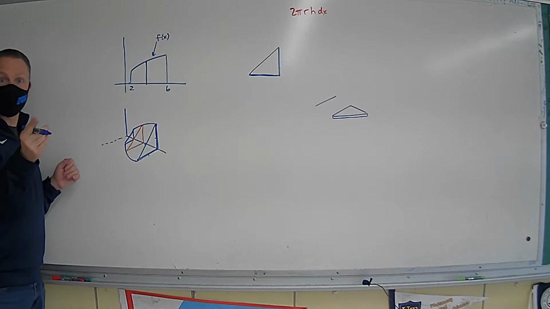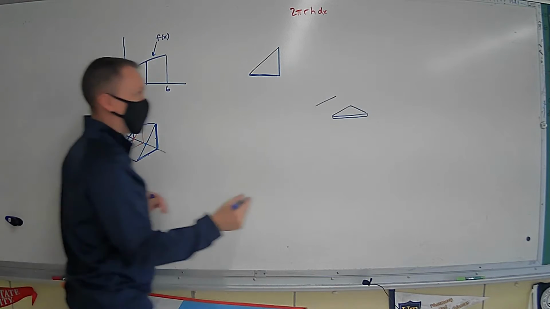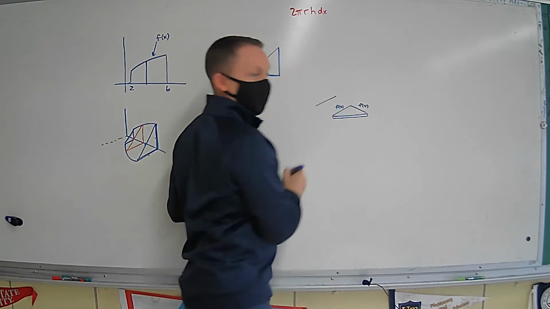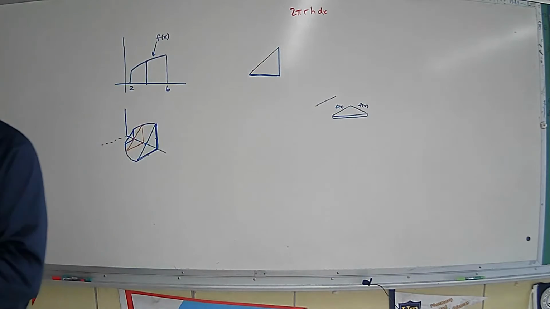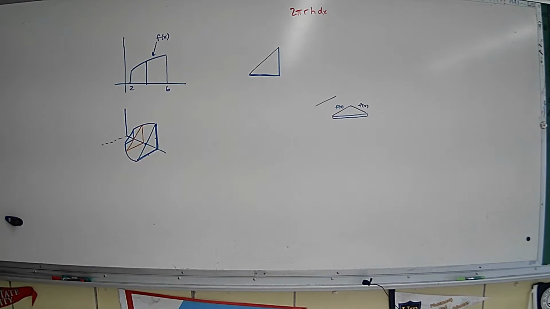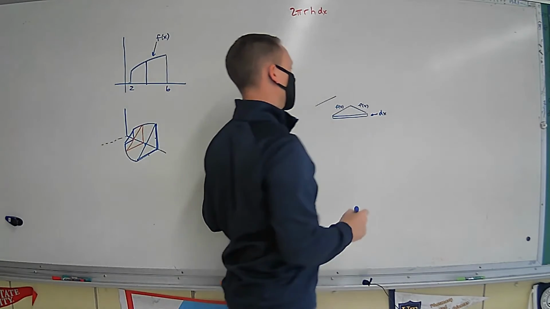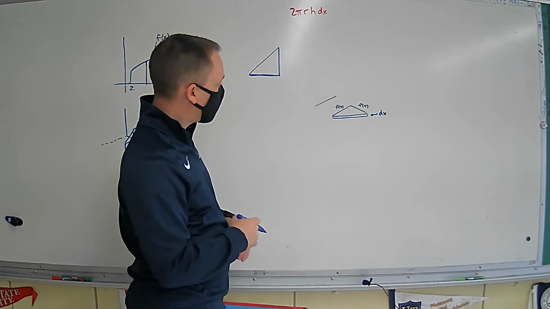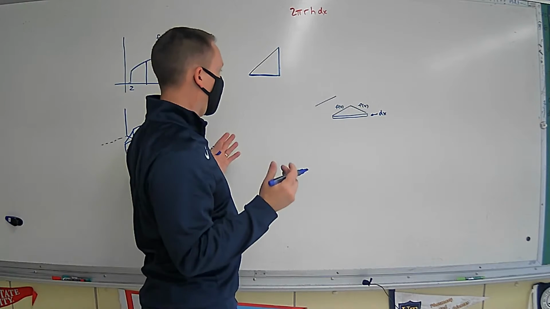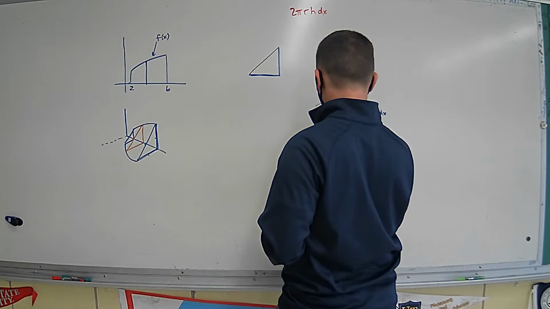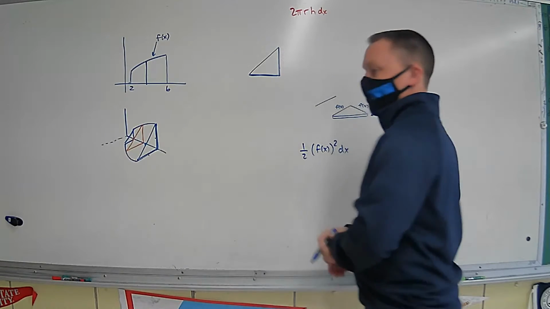It's f of x, right? So the length of one side of the triangle is f of x. The length of the other side is f of x. How thick is it? dx. So the volume of one of those slices is 1/2 f of x squared dx.